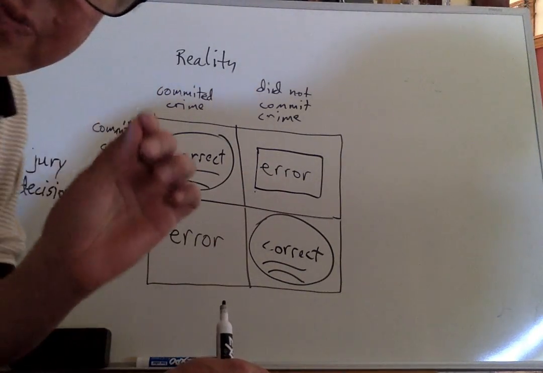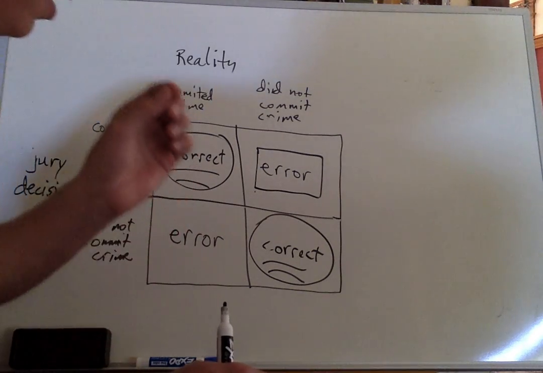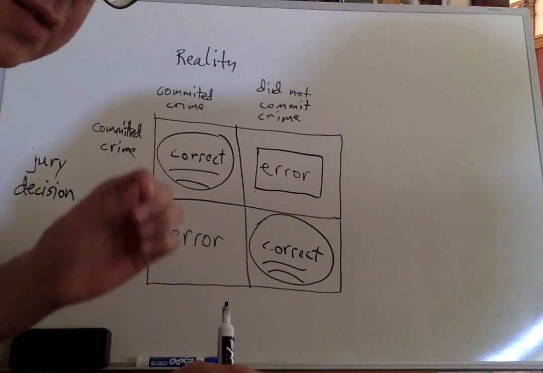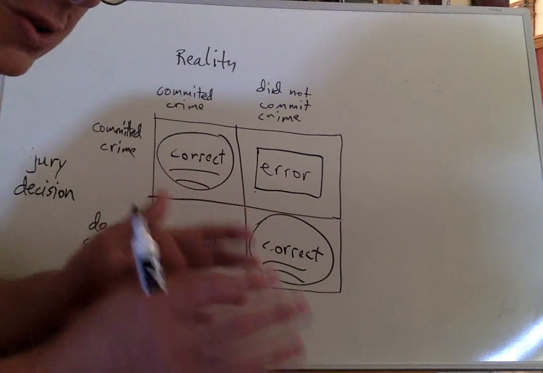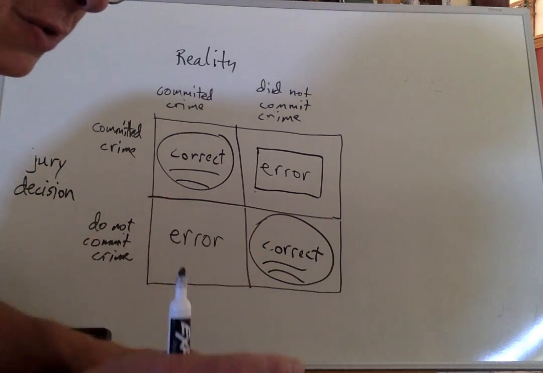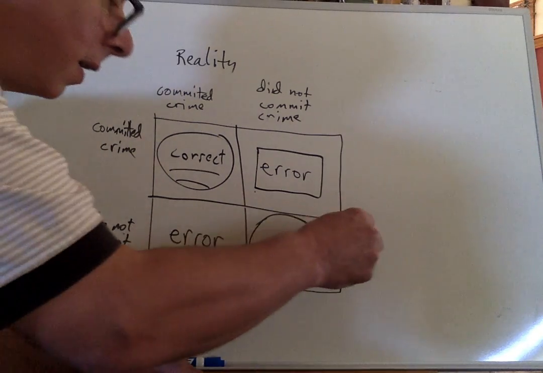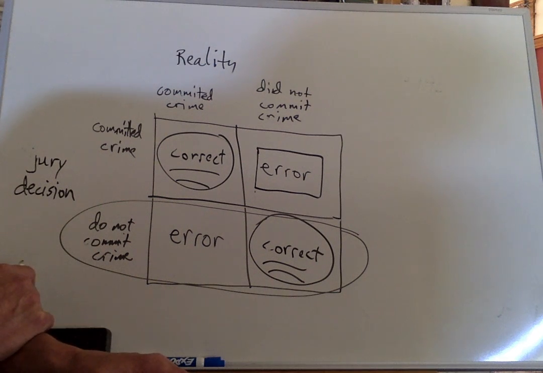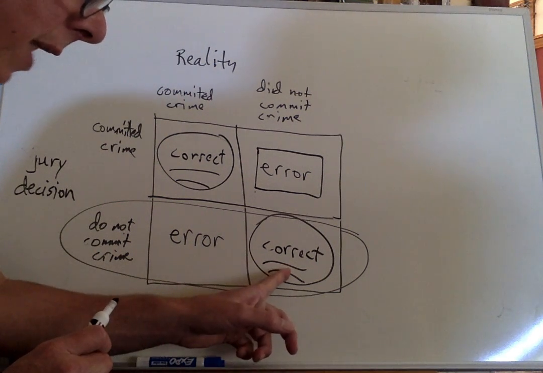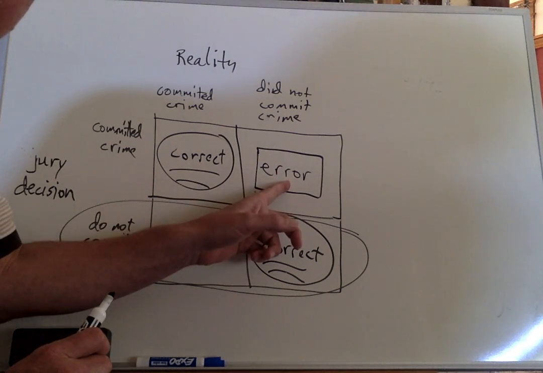And in fact, the judge will tell you in a jury trial, if there's a reasonable doubt, that is, a lot of evidence makes it look like the person committed the crime, but if you have a reasonable doubt, then this is where you want to be. What the judge is doing is biasing you to make this decision. Okay? They hope that you're correct, but this is the better error. We don't want to put innocent people in jail.